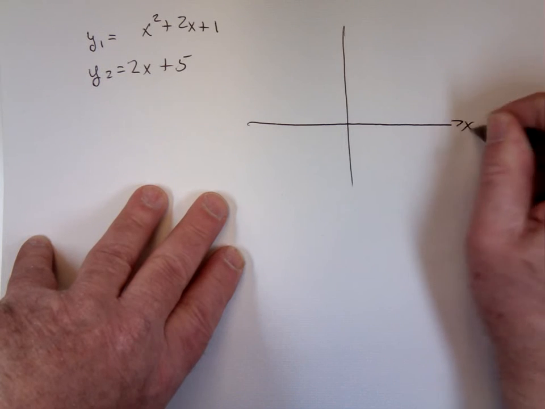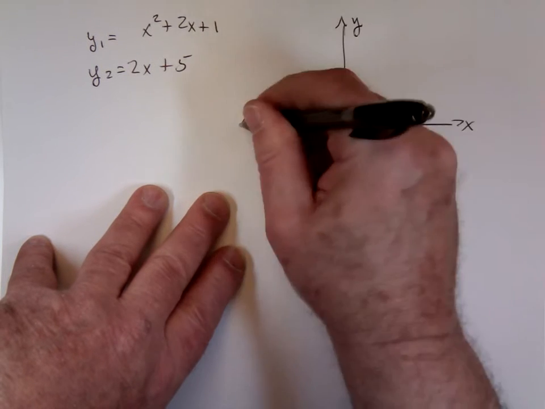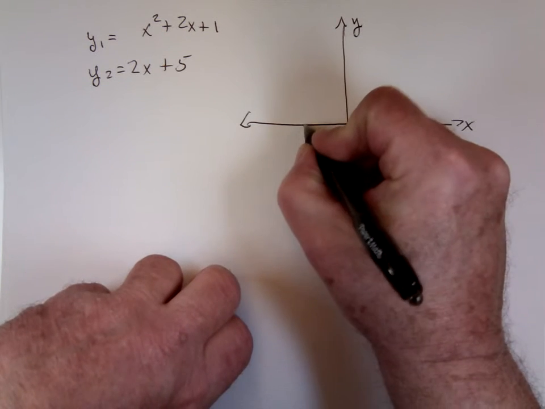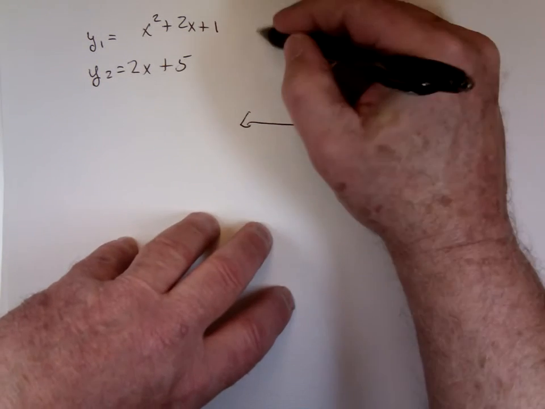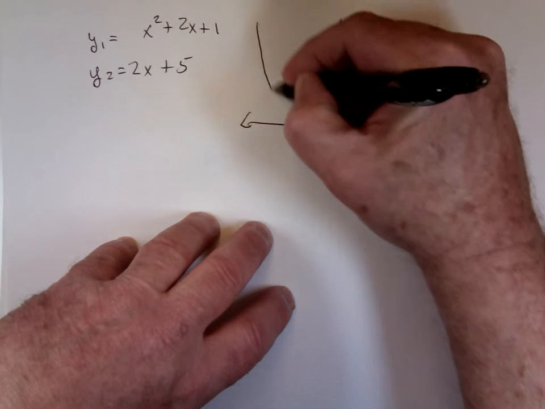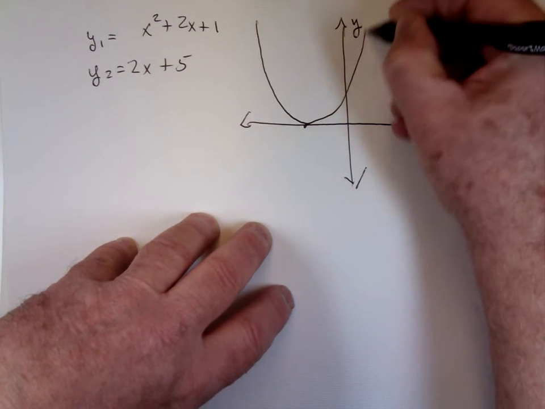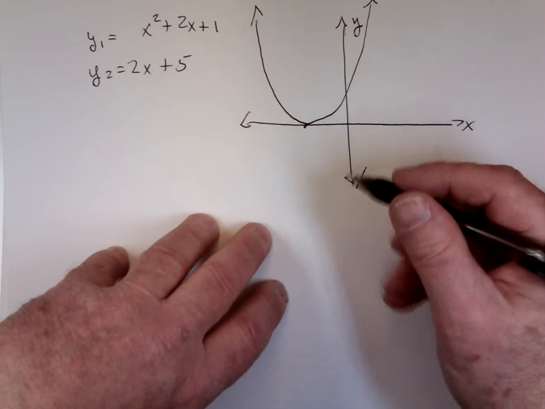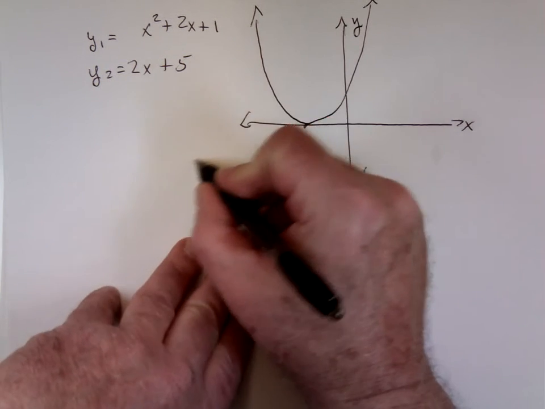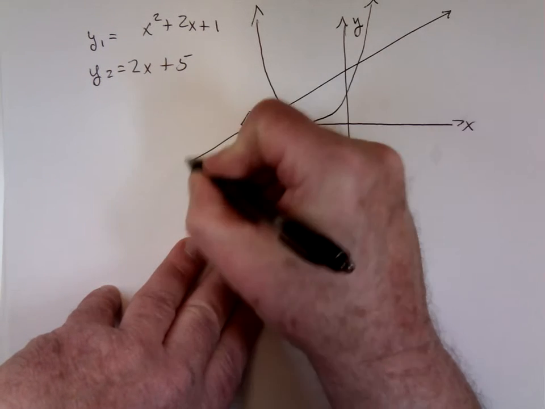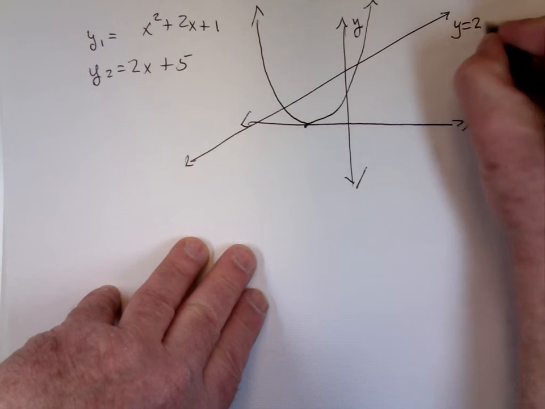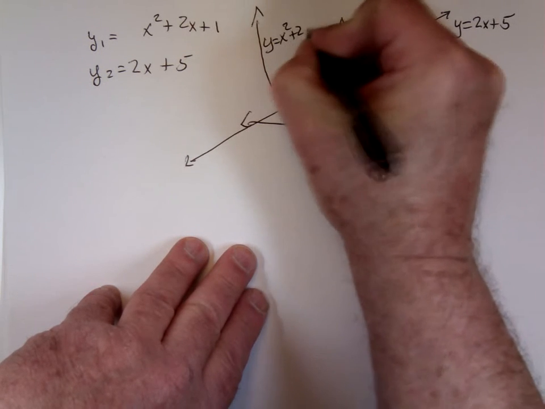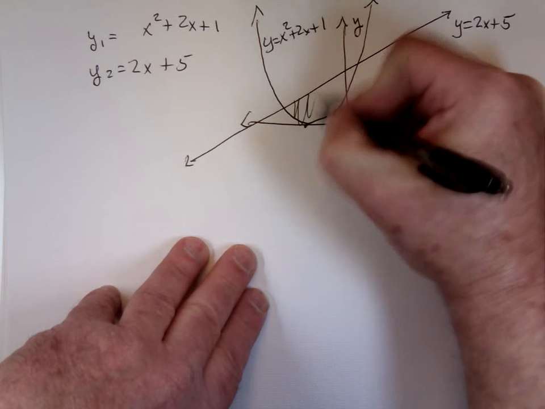X squared plus 2x plus 1 is a parabola, something like this. Y equals 2x plus 5, something like this. And we want this area right here.